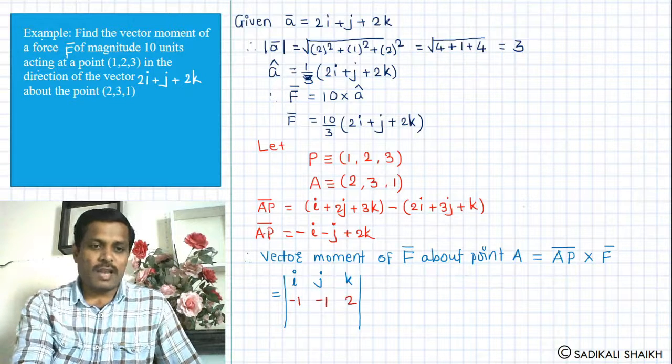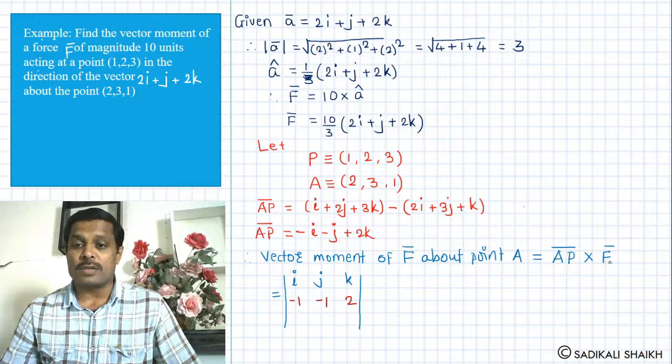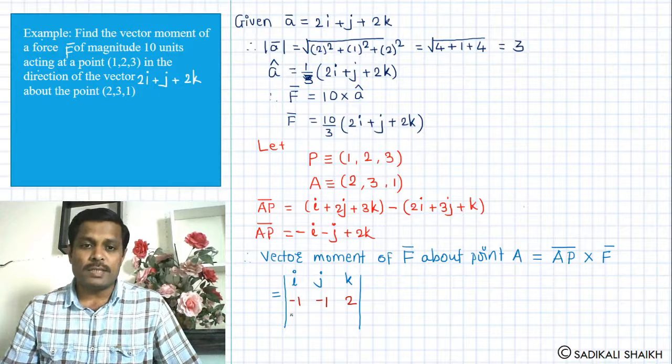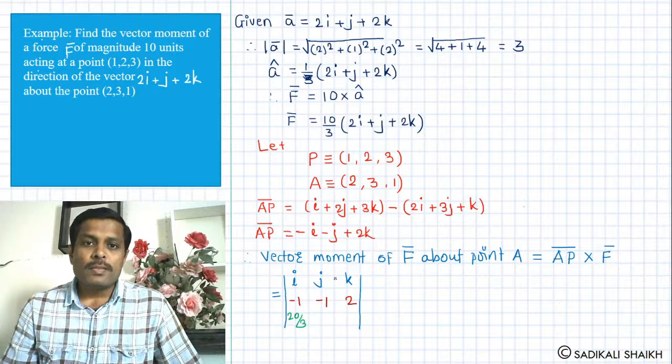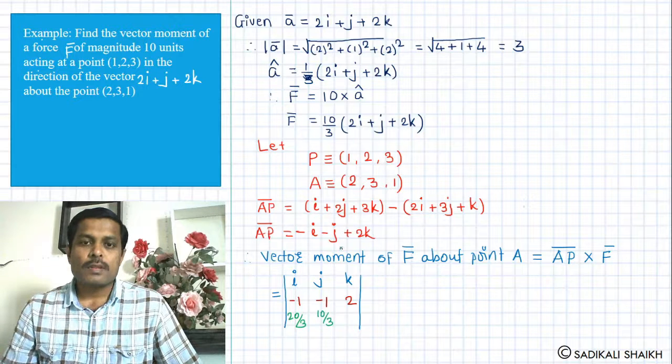And in the last row, we have to write the components of the second vector of the cross product, that is F bar, and the components of F bar are 10 into 2, 20 upon 3. So you write 20 upon 3. Then the second component is 10 by 3 into 1, that is 10 by 3. And 10 by 3 into 2, that is again 20 upon 3.